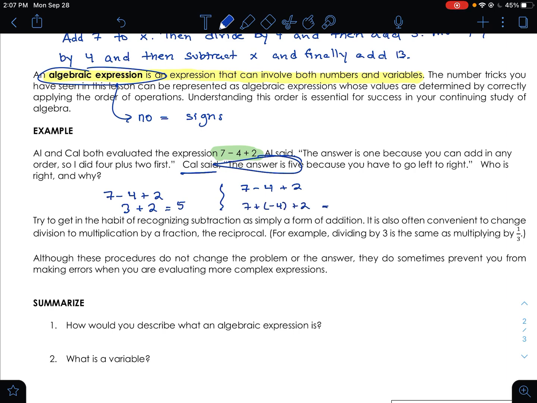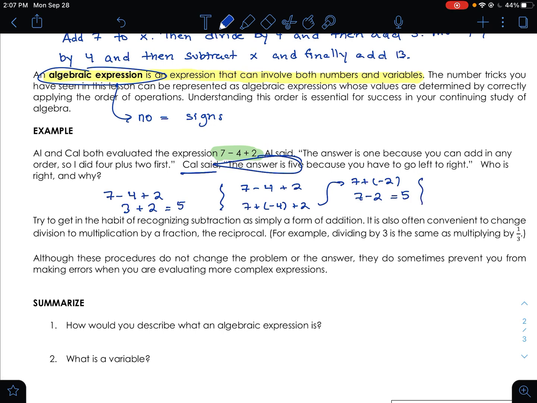So if he chooses to do addition first, it's not 4 plus 2, it's negative 4 plus 2. Negative 4 plus 2 is negative 2. So we have 7 plus negative 2. And again, when you are adding a negative number, that is the same as subtracting. So 7 minus 2 is 5. So that is the mistake that Al made in this problem.